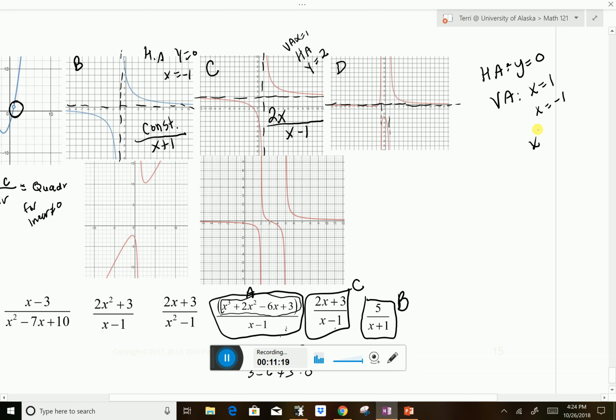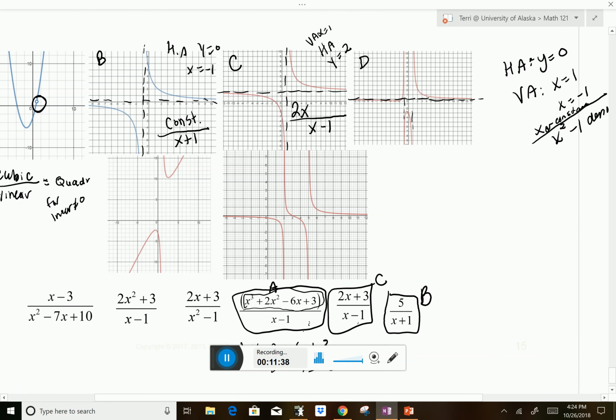So that means we have some kind of x squared minus 1 on the bottom, and our numerator is something with x, or a constant, so something less than x squared. The only one with x squared minus 1 is this one, so that must be that one.